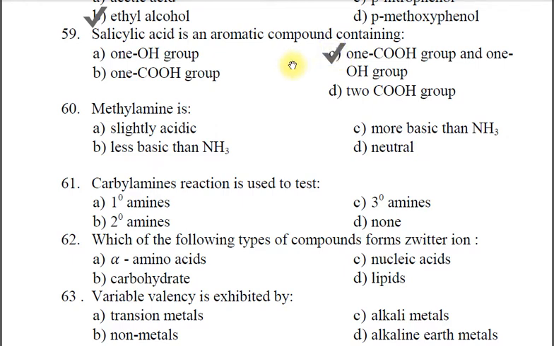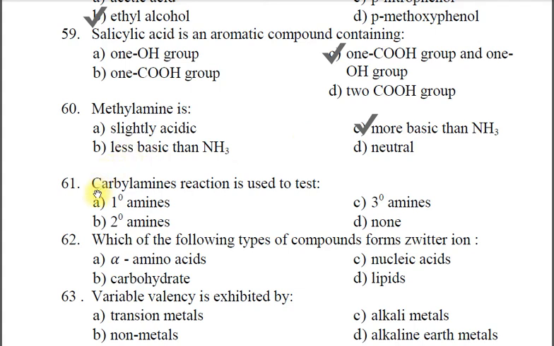So option C is correct. Question number 60. Methylamine is A, slightly acidic, B, less basic than ammonia, C, more basic than ammonia, D, neutral. And the correct option is option C. It is more basic than ammonia.